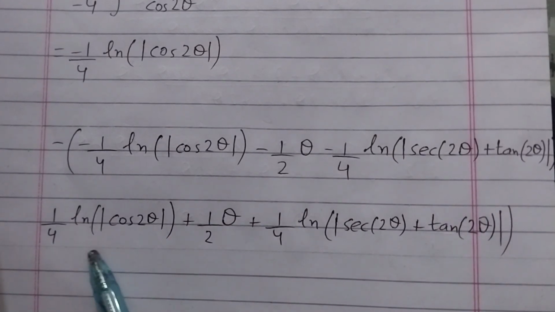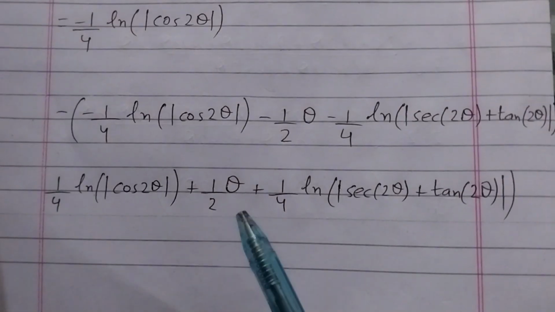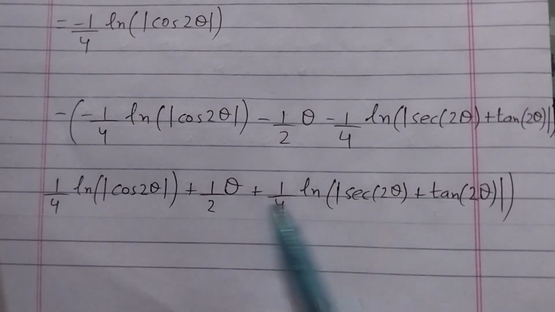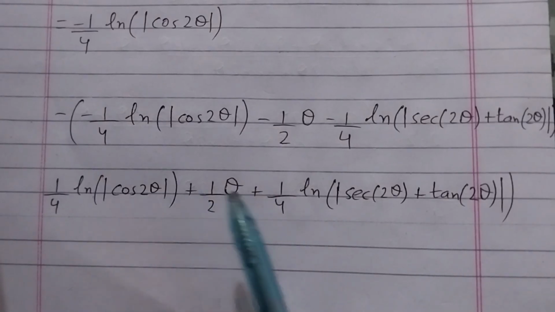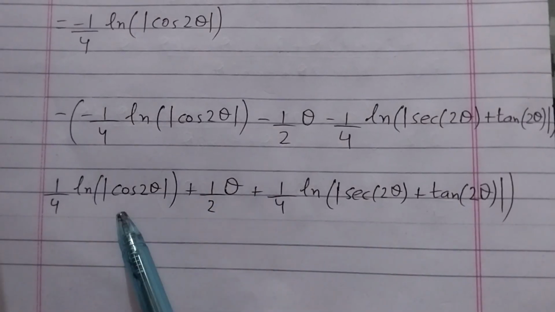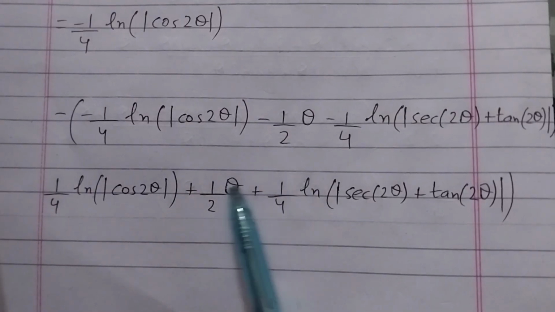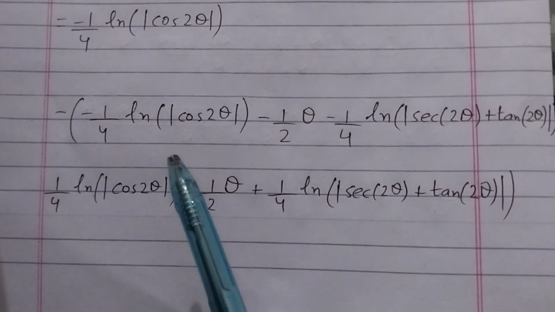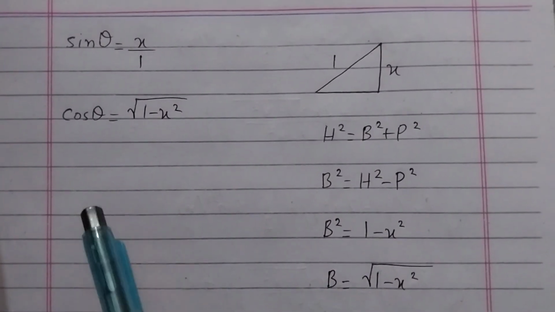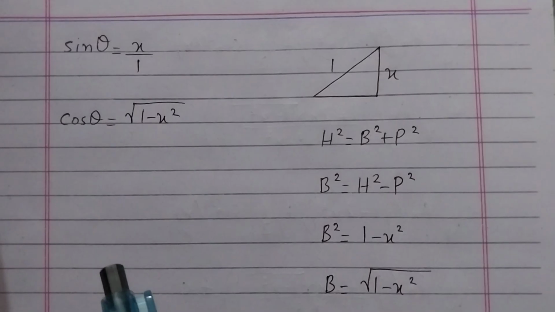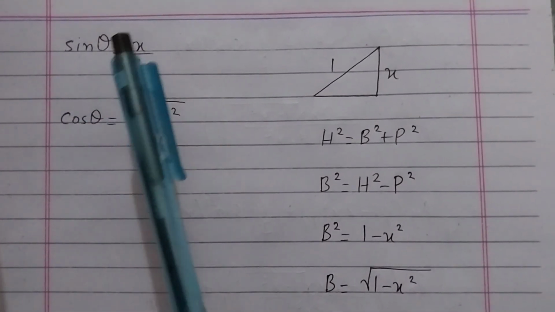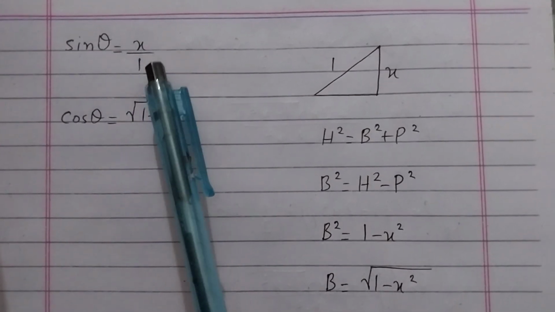And this is not the final answer because our question was in terms of x, and this is in terms of theta. So the last step would be to change these expressions involving theta into expressions which involve x. So we used a trigonometric substitution sine theta is equal to x, which can be written in the form of a fraction x over 1.